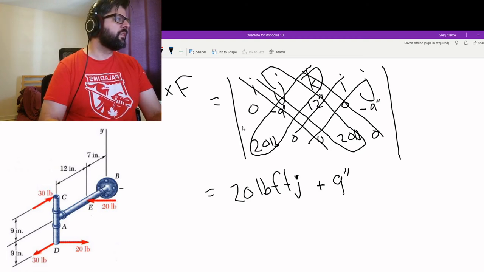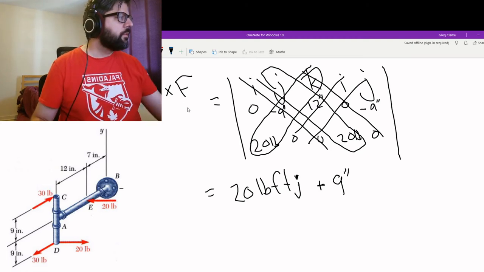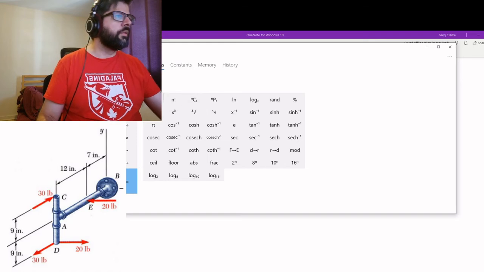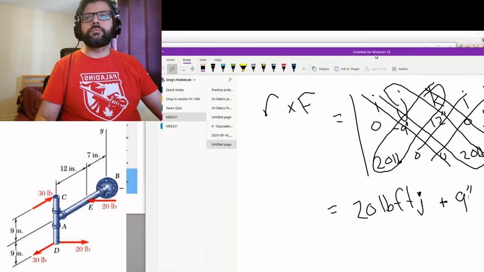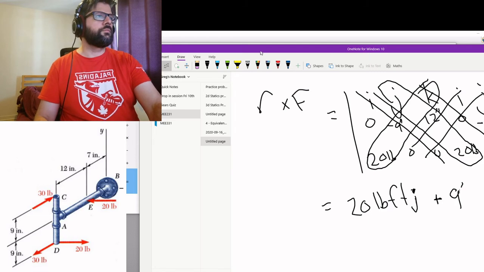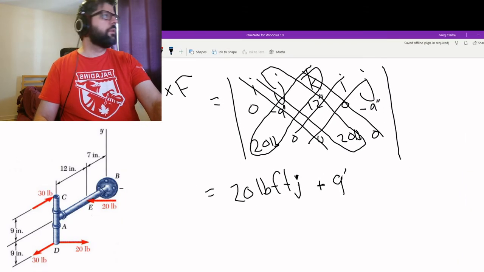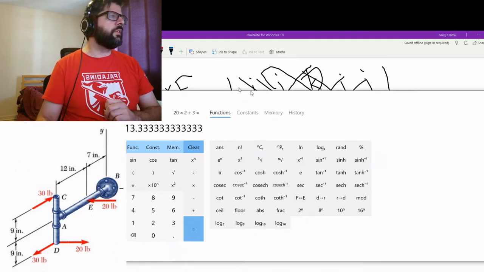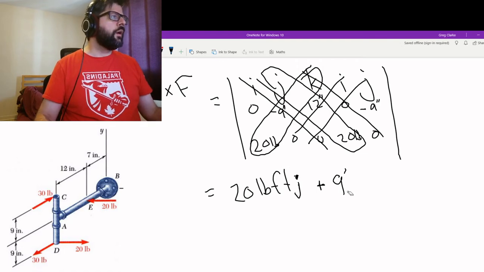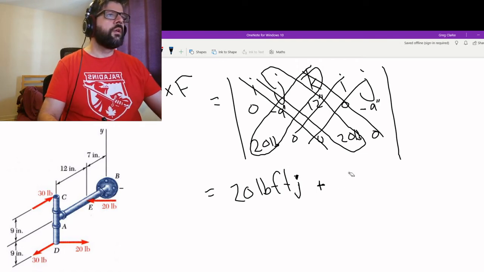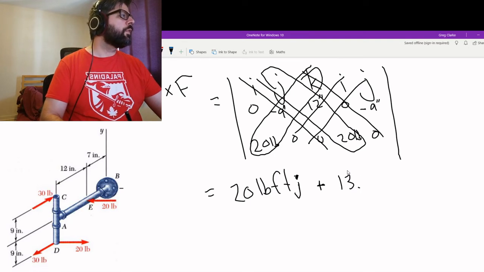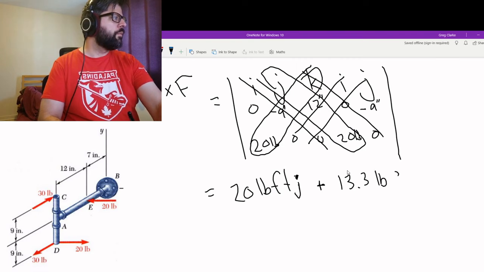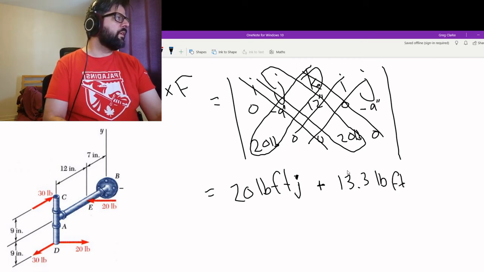Minus 9 inches times 20 pounds converted to pound feet, so that's 13.3 pound feet, and that is in the K.